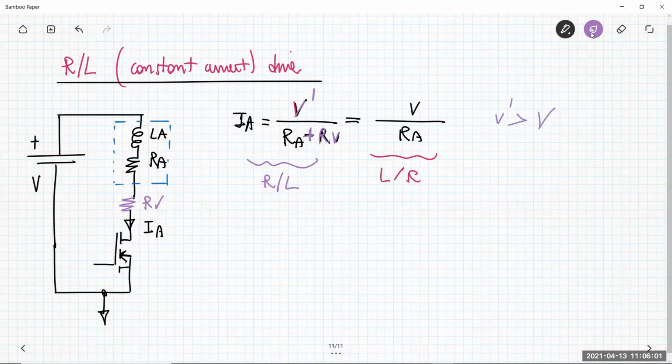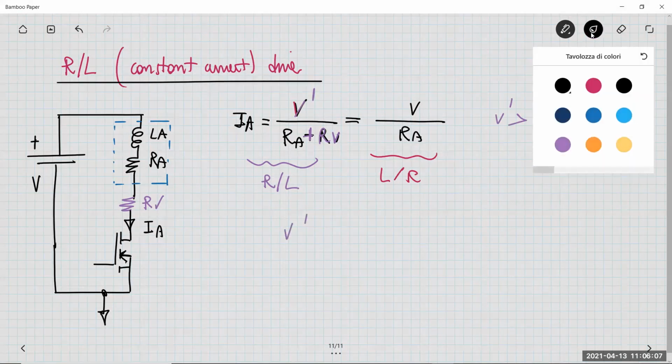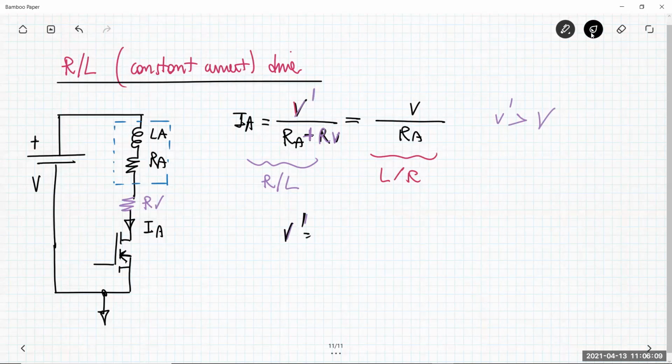Since the current should be the same, you can see that V prime is something like V multiplied by 1 plus RV over RA. So V prime is larger than V by this factor here.